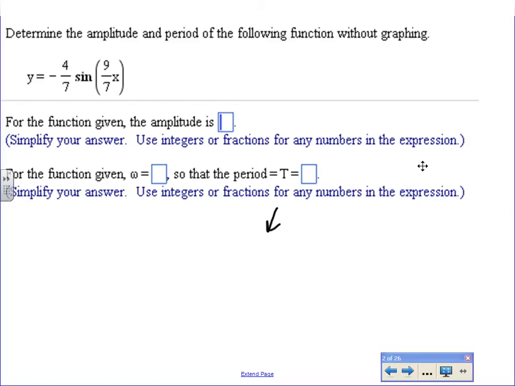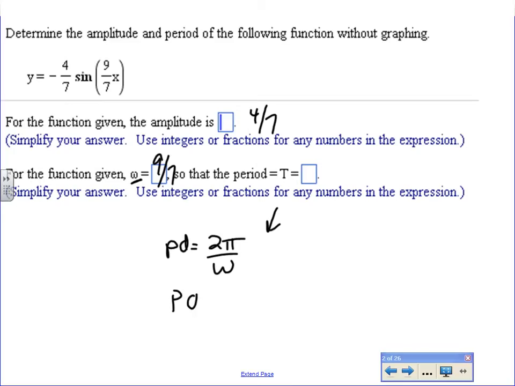All right, so the amplitude, that's pretty simple there. It's not going to be negative 4/7 though. So that would just be 4/7 because I'm going to take the absolute value. Now, for the given value of omega, what is the period T there? The omega there is just 9/7. For the sine function, the period is 2 pi over omega.